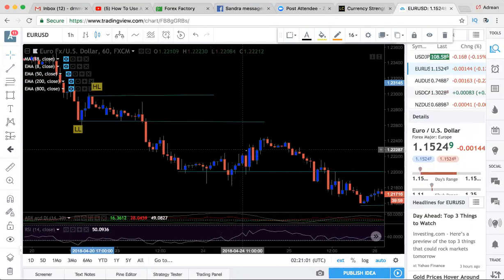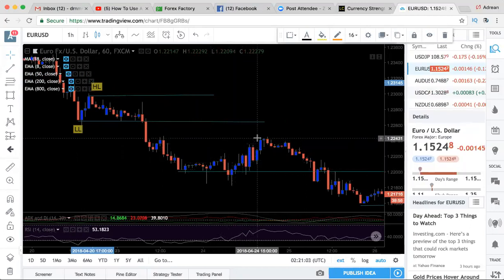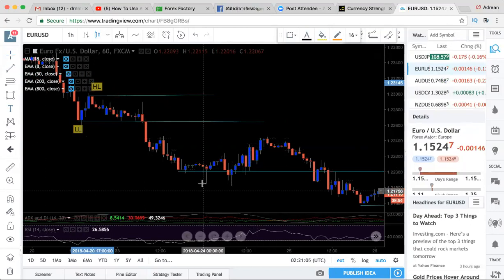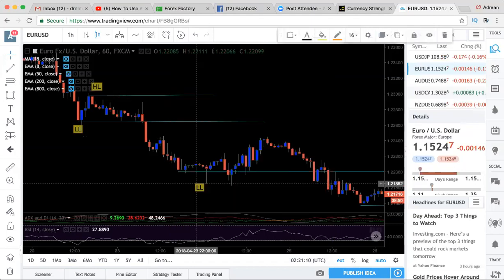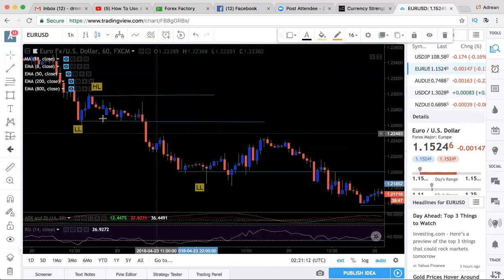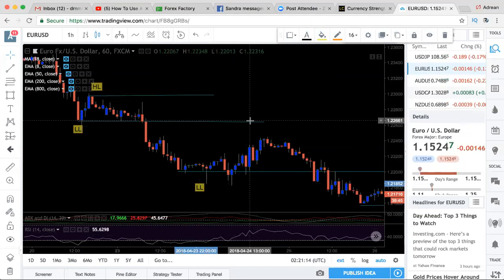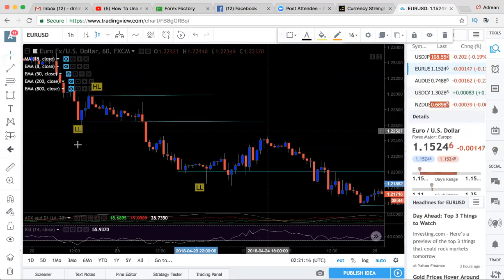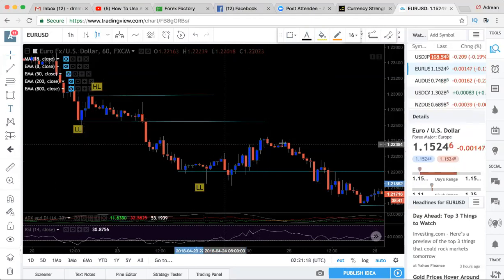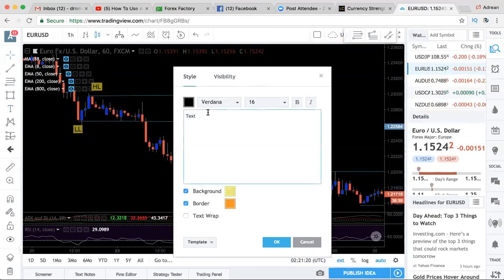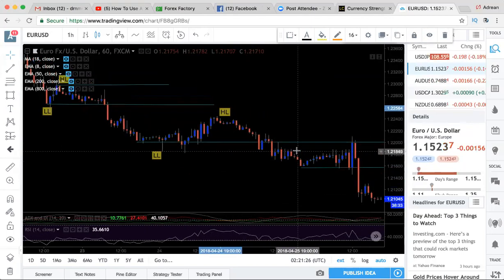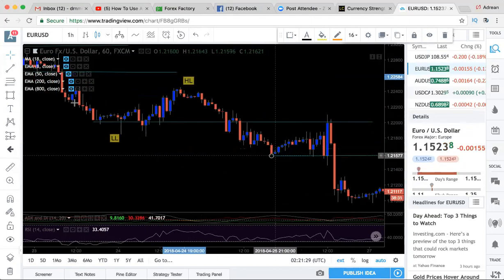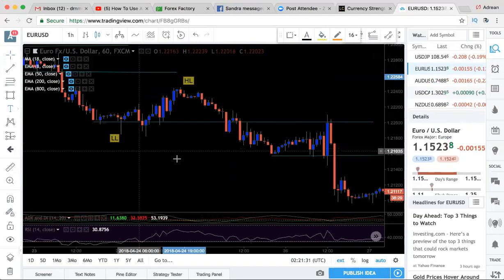The market goes back up, and this is my new lower low. The market comes back up. Does it break this previous area? No, it doesn't. So now this is my new higher low. And then it goes down again and creates another low.